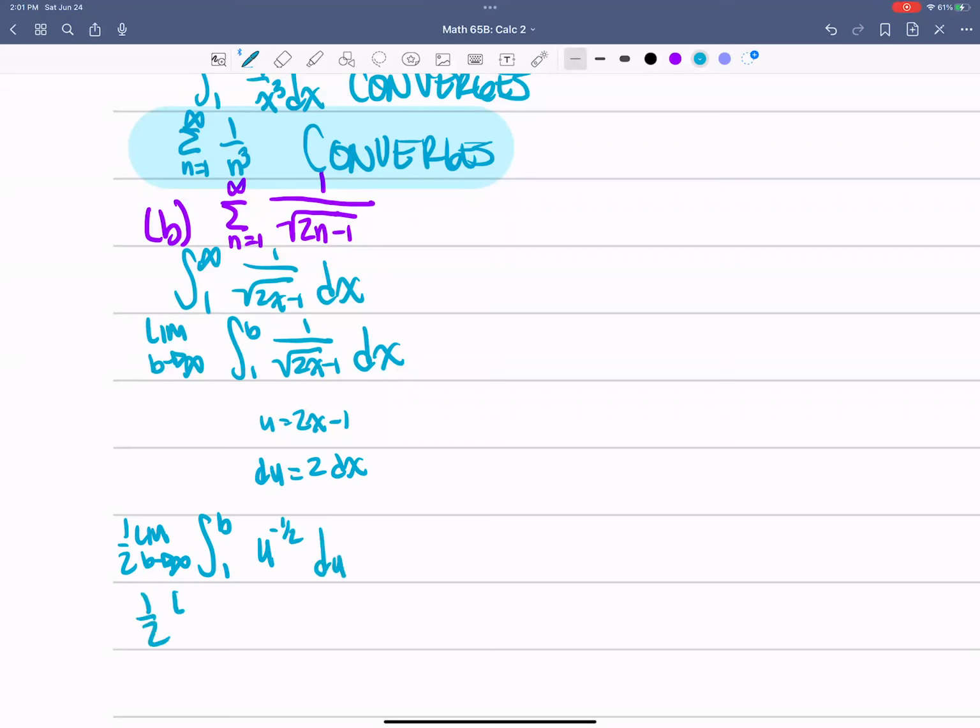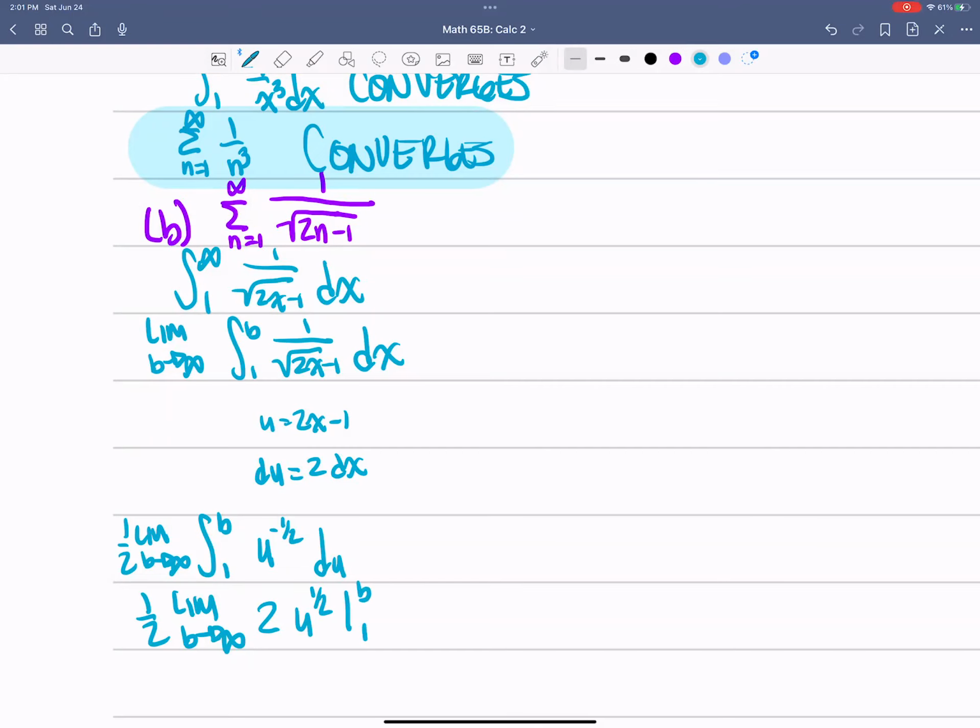The limit as b approaches infinity of 2 times u to the 1 over 2, evaluated from 1 to b.